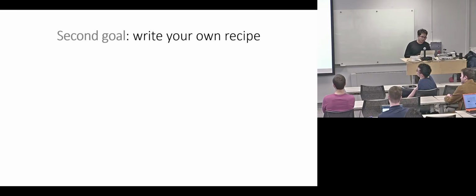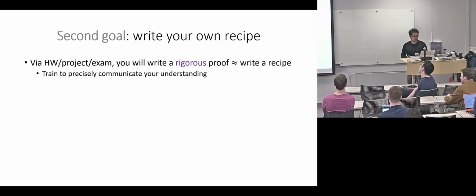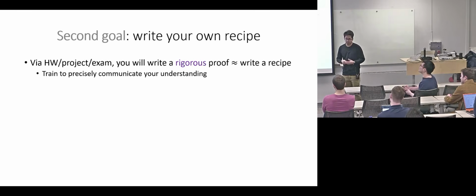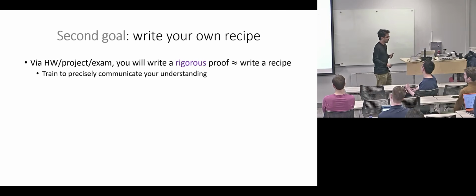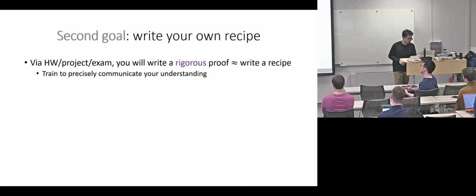So the second goal is that you can write your own recipe. This is what we're going to train you through homework, project and exam. You're going to write rigorous proofs, similar to writing a recipe that you have in your mind. This trains you to communicate your understanding of the math concept.